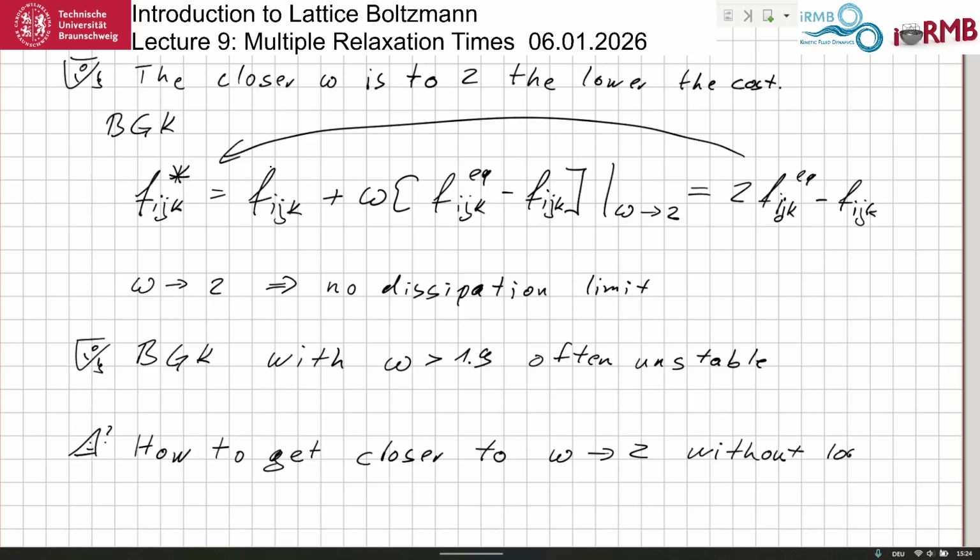This is really an important question from an industrial point of view, because industry uses a lot of simulation. If you make omega go closer to 2, you can drastically reduce your cost. So now what to do?